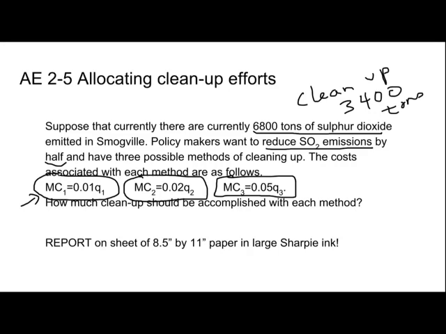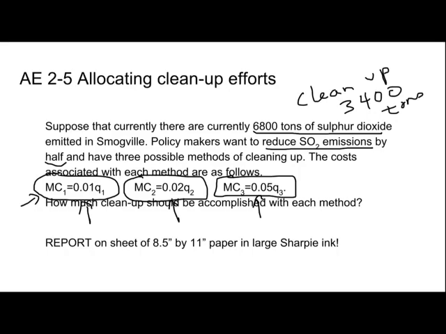The reason it would be wrong is that while method 1 will be cheaper if we're producing the same quantity across each method, marginal cost rises with method 1 application. At some point, it's going to perhaps make sense to use method 2 and/or method 3. So how do we do this kind of problem?